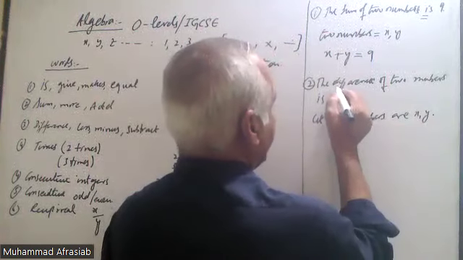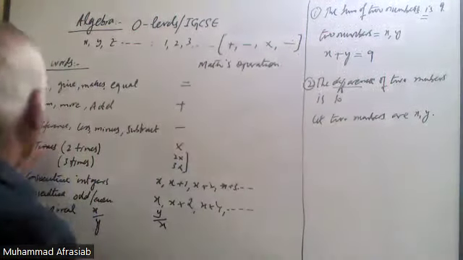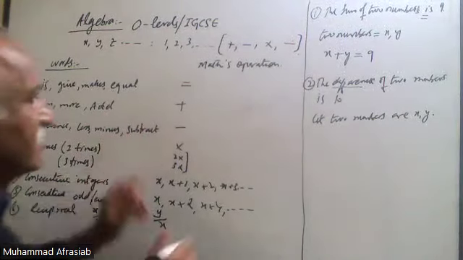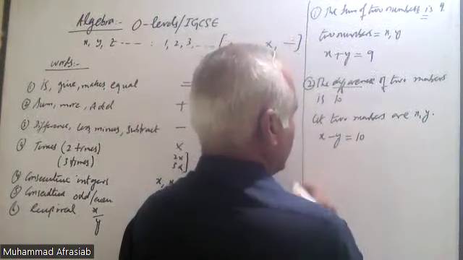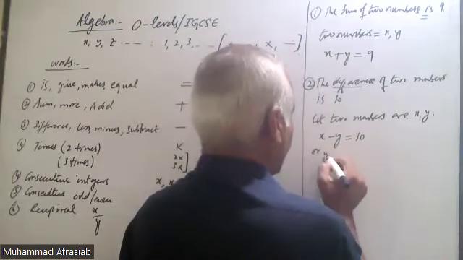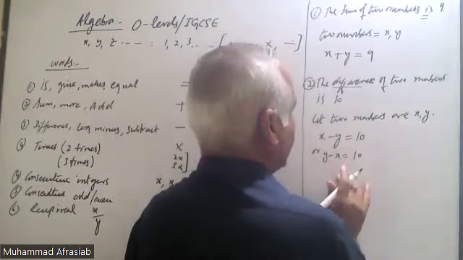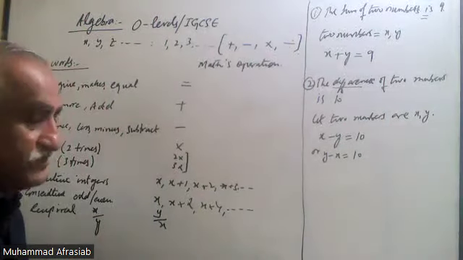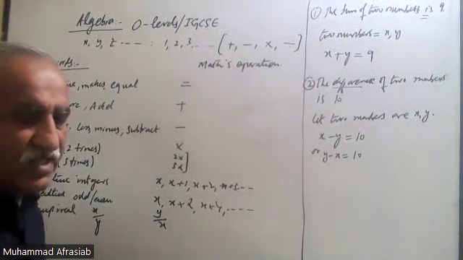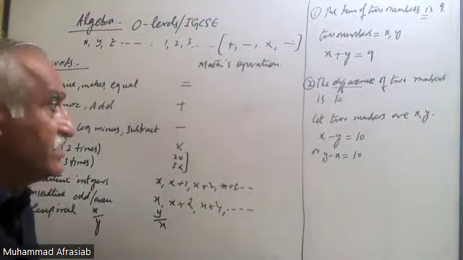Now the word here is difference, so the difference word is used for the minus sign. So x minus y is equal to 10, or y minus x is equal to 10. So these are the different ways they are going to use this word. Similarly, we can use many other words for this.